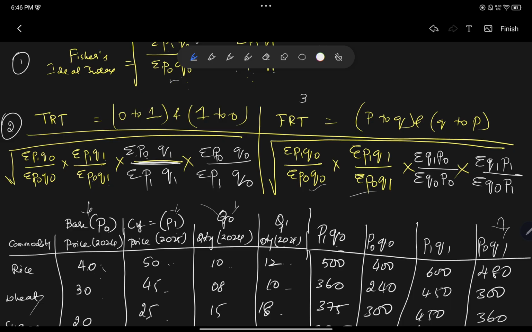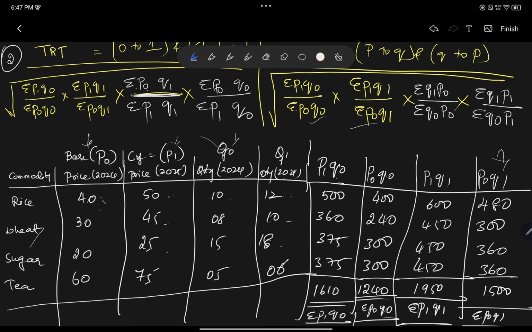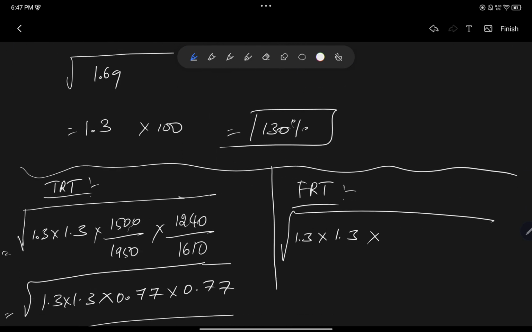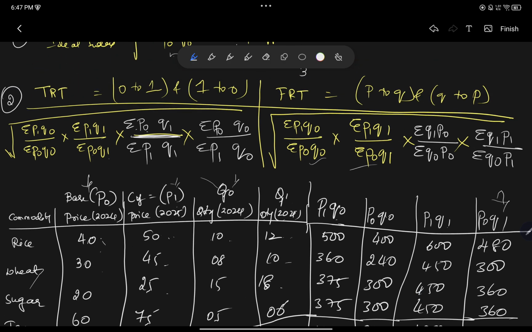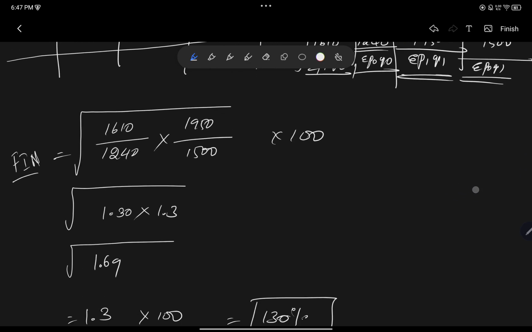Q1 P0 is there. Q1 P0 is nothing but P0 Q1 only, right? If you multiply, you will get the same thing, that is P0 Q1, that is 1500 divided by Q0 P0. Q0 P0 is nothing but the same thing, 1240.